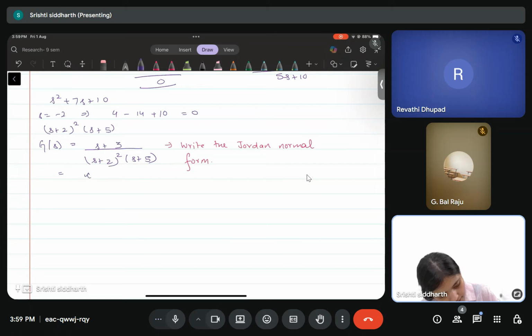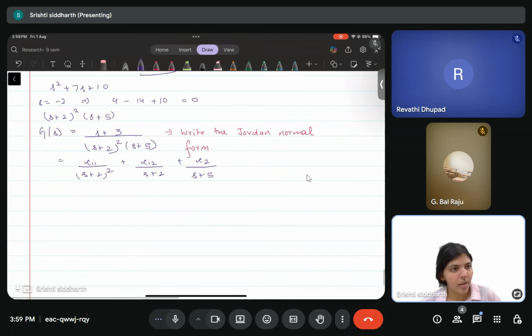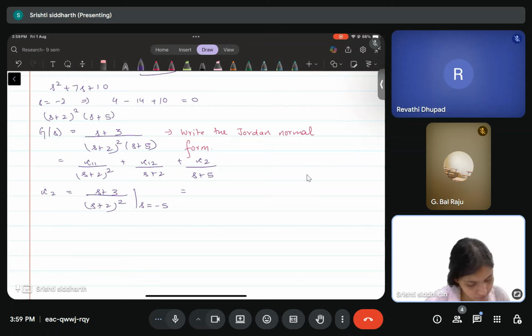This is simply c11 over s plus 2 square plus c12 over s plus 2, because we have two repeated eigenvalues at minus 2, plus c2 over s plus 5. Okay, so let's calculate for the distinct eigenvalue. So c2 is simply s plus 3 over s plus 2 squared at s equals minus 5. This is, now let's see, 3 minus 5 over 3 minus 1 squared.